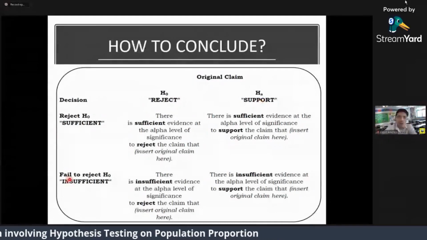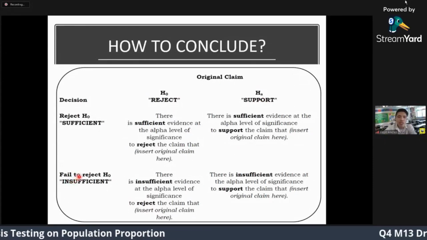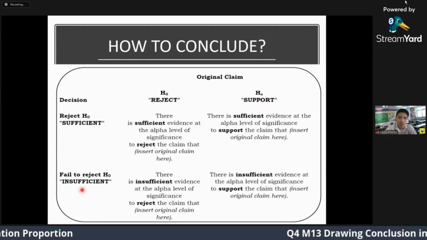Again, pag ang decision nimo is do not reject, insufficient pwede mong gamiton nga word.